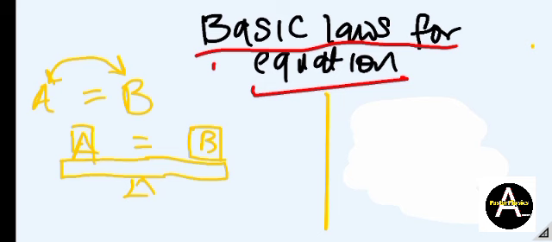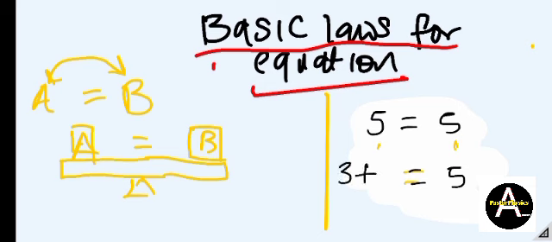Okay, now look at this problem very carefully. If 5 is equal to 5, which means the left hand side and the right hand side are equal, right? Now, if I have two equal numbers, and at this point I know that there must be something that will be added to 3, but I don't know the number.